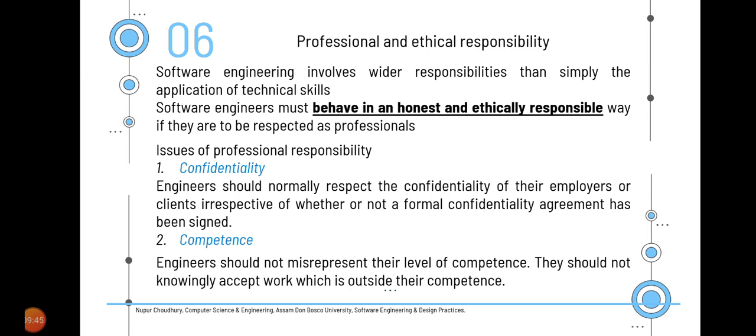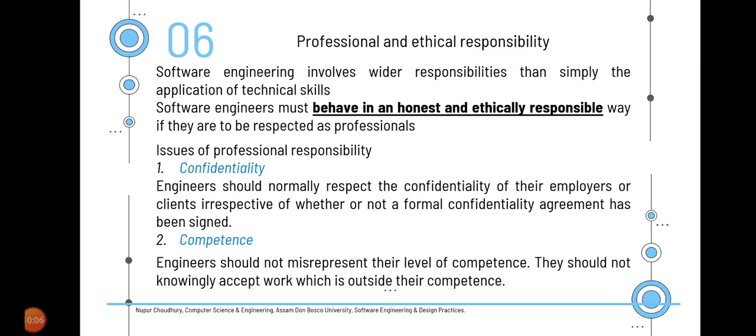The next important issue related to professional responsibility is competence. The developers or the engineers should not overestimate their level of competence. They should not knowingly accept work which is outside their competence.